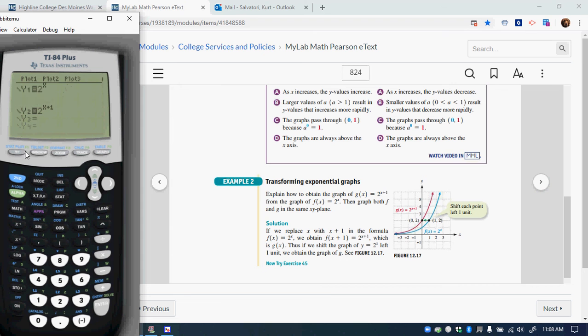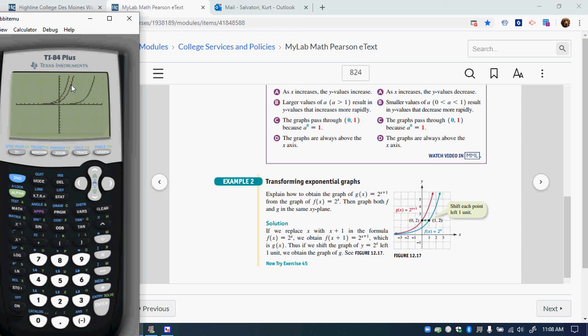Let's go back and do another one. Let's say we want to do 2 to the power of x minus 5. You can kind of really see it. So this means it's going to actually move the equation to the right. So let's go ahead and graph and see what it does. Yep, that's exactly what it did.